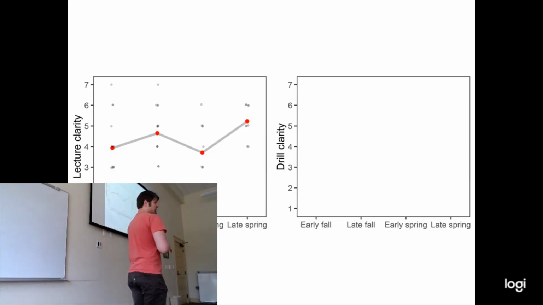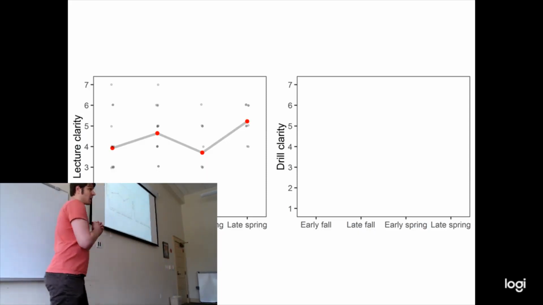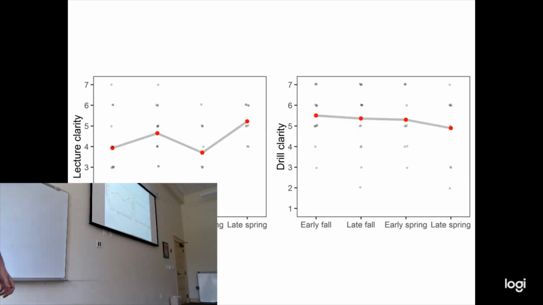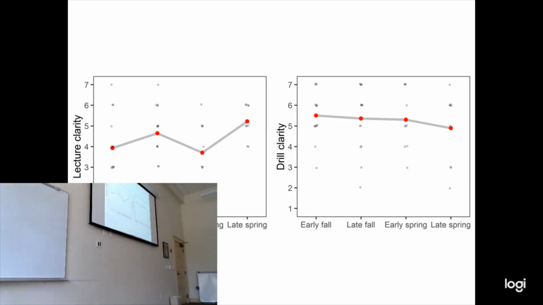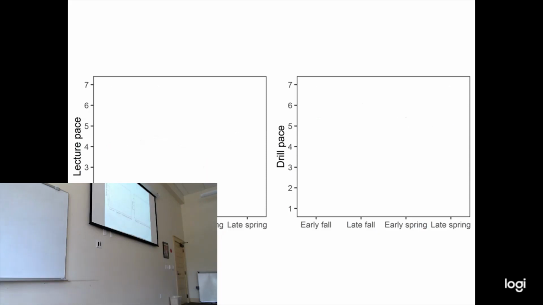And a few of you mentioned that in your written responses too. So I'm pleased about that. In terms of the clarity of the drills, seems like the responses are about the same, slight decline over time, but not by that much. I don't have any particular interpretation of that.